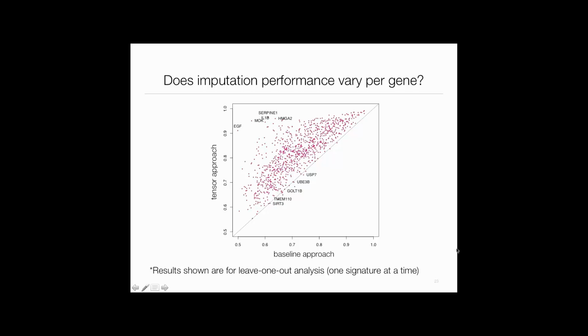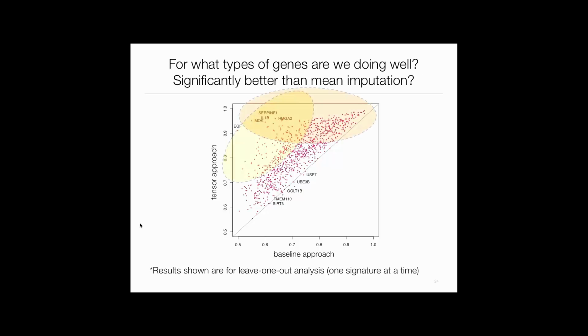Okay. And another thing that I noticed is that the tensor approach performs much better on some genes than others, in particular these genes up here. And so I wanted to see if there were any patterns that I could identify to help me understand where exactly the tensor approach is performing well, where it is lacking, and so I'm hoping to analyze this in order to identify how to move forward.